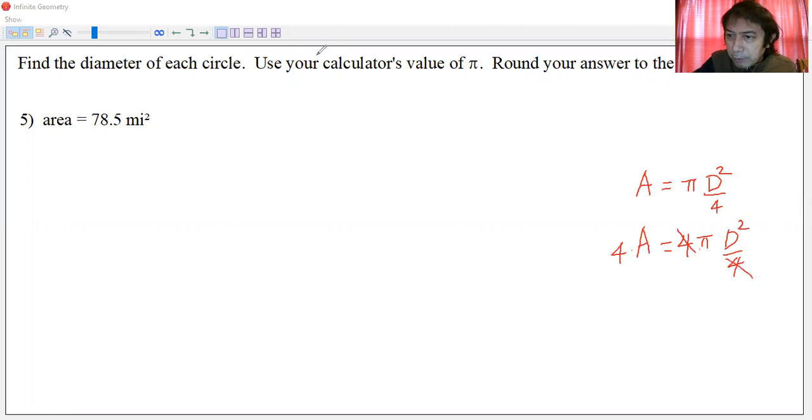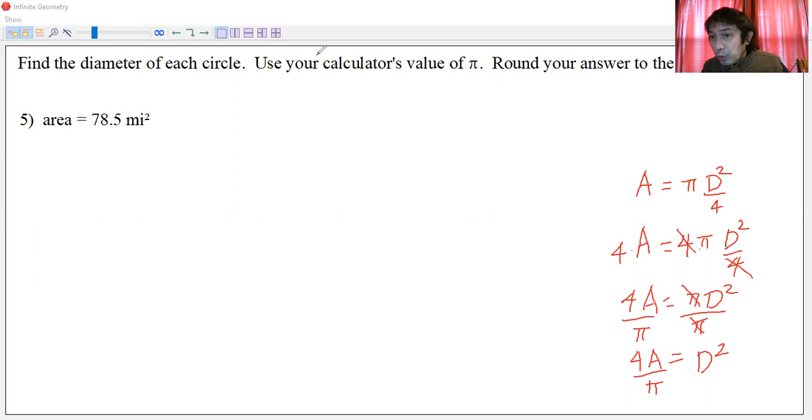This 4 cancels out with this 4. And so we have 4a is equal to pi d squared. We're after d, so we shall continue. We divide by pi. And then pi divides by pi. We now have d squared equal to 4a over pi.